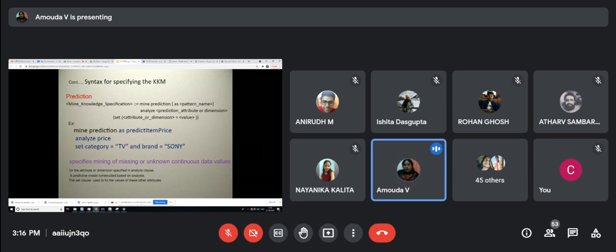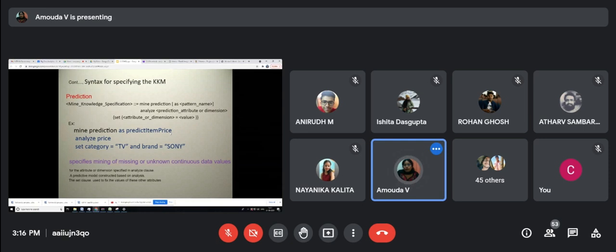So let us take an example you come to know. Mine prediction as predicted item price, pattern name. Analyze the price. Which attribute you need to take? Analyze price. So in the table, there is an attribute price. You take the price and analyze and give it as the result in predicted item price.